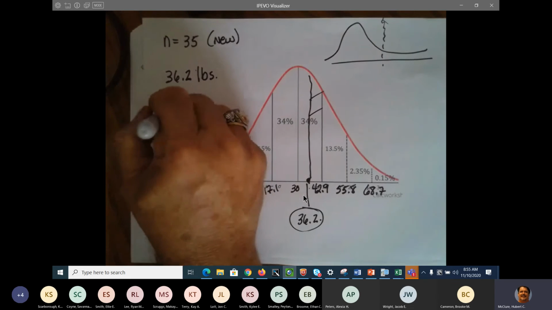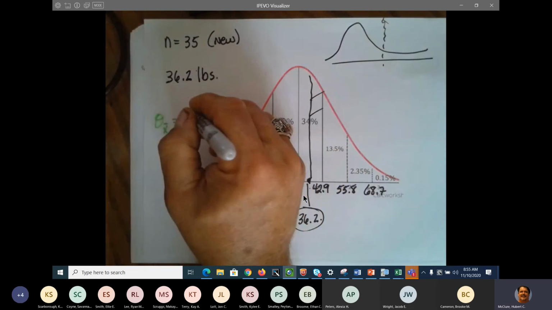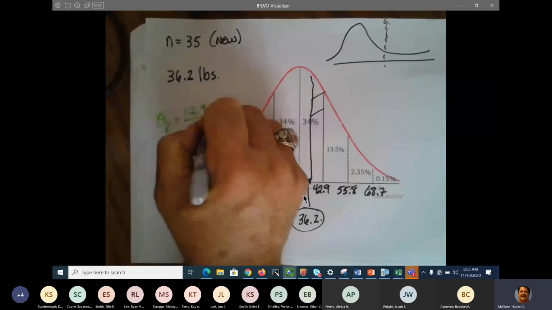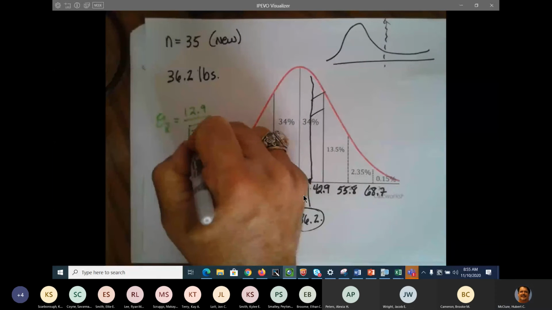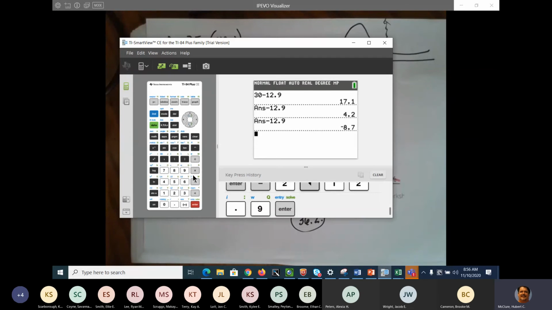That means the standard deviation of x bar is equal to our old standard deviation, 12.9, divided by the square root of 35. So 12.9 divided by the square root of 35, and that comes out to be 2.18.